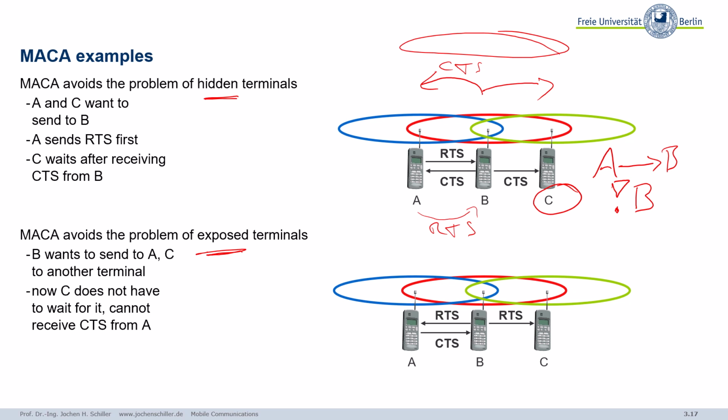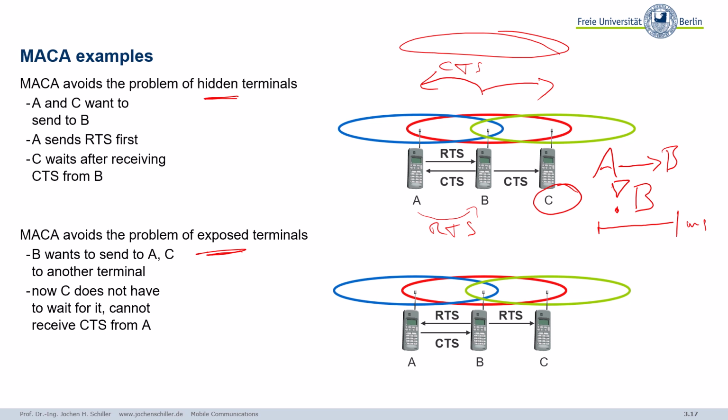Now let's assume symmetric links. Then C learns some A wants to send something to B. I can hear B. Okay, so that's a problem. I should not send, because if I now send something, there will be a collision at B. Plus I learn the duration, whatever, milliseconds.